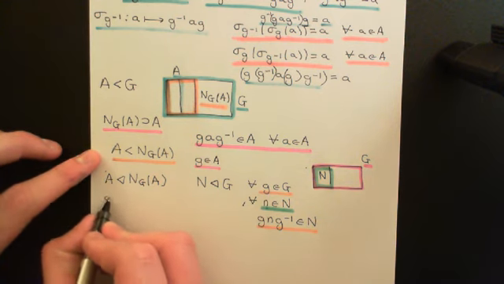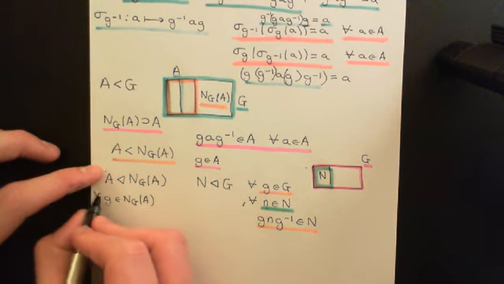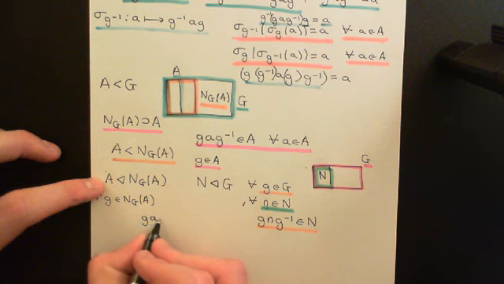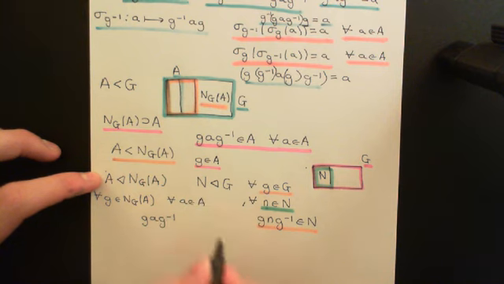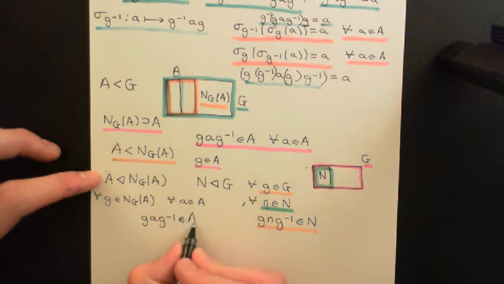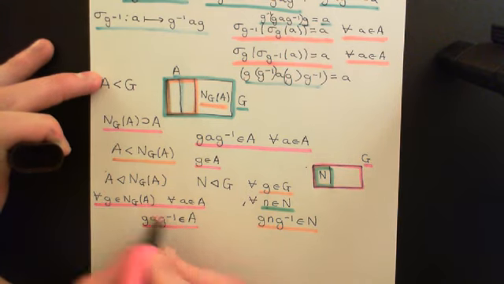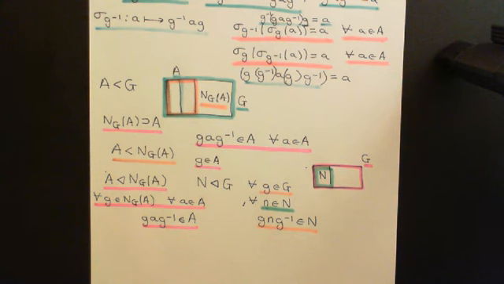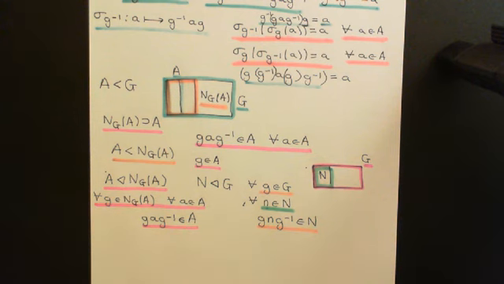We know that if we pick any little g that is an element of the normalizer of A in G, and conjugate an element little a by that element, so pick any little a you like from the subgroup capital A, we know by the very definition of the normalizer of A in G that this must be an element of the set capital A. So this meets the exact criterion for being a normal subgroup, which is that any element of the larger group, which in this case is the normalizer of A in G, conjugates any element of the subgroup capital A to give another element of that subgroup capital A back again.